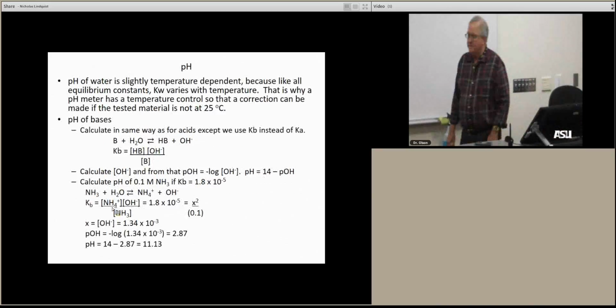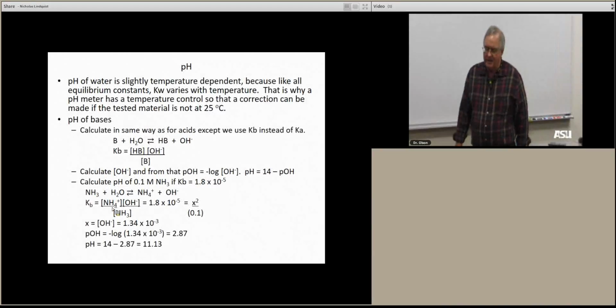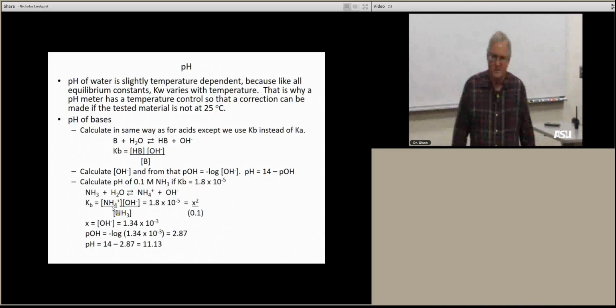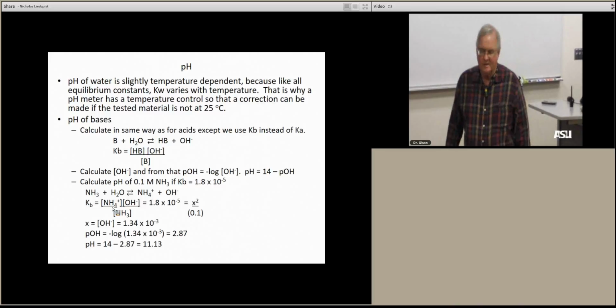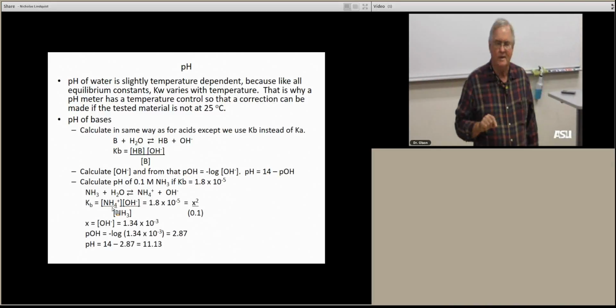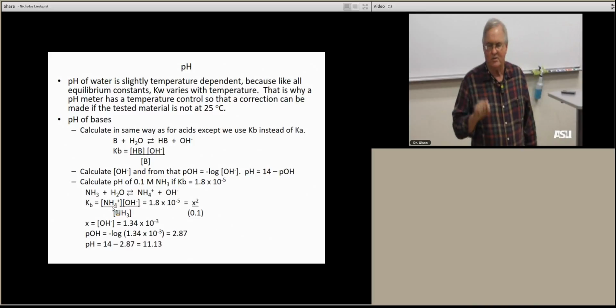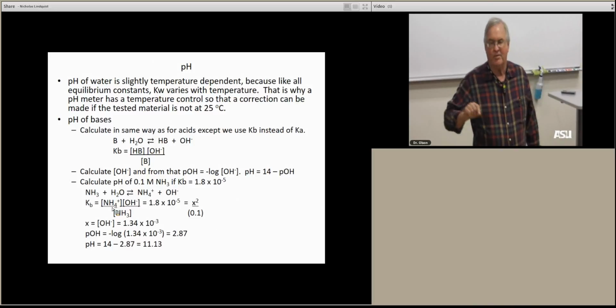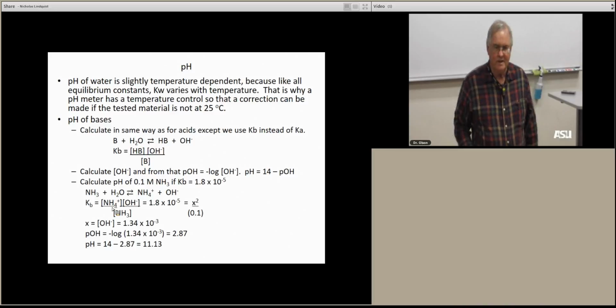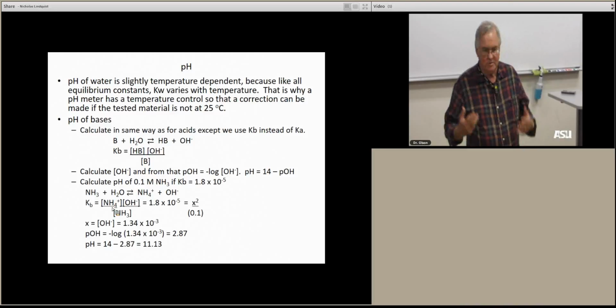The pH of neutral water is somewhat temperature dependent. Most equilibrium constants will change with temperature, and the same thing is true of Kw. So Kw could be slightly different. It's 1 × 10⁻14 at 25 degrees Celsius, but at 30 or 40 degrees Celsius it would be slightly different, meaning that the pH of neutral water would be slightly different from 7 at a different temperature.